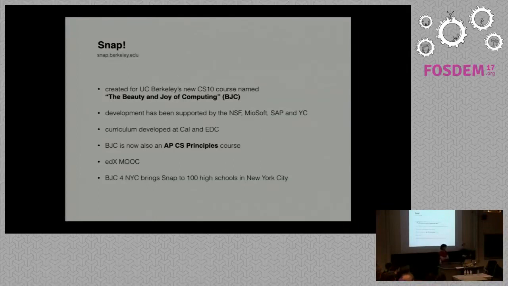Snap has been created for a new course at UC Berkeley that's been in place now for 6 years. They replaced the old CS10 course, which is the introductory computer science course for non-CS majors, with a new course called The Beauty and Joy of Computing. And just changing the name and switching over to a language that is more accessible has attracted more underrepresented minorities to the course.